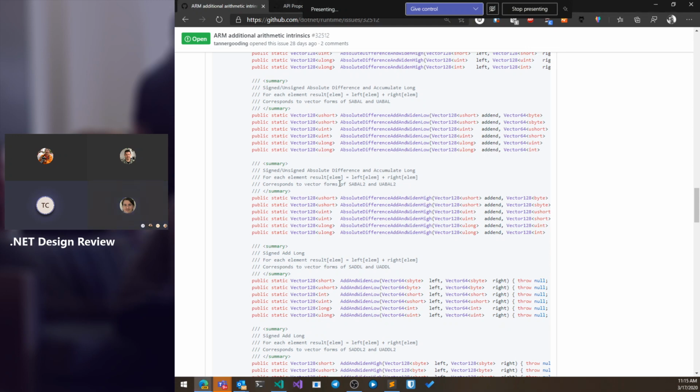Okay, so they're correct in taking vector 64 and having separate overloads that take vector 128 here. Yeah. When you say here, you mean in the other issue, though, right? What are you talking about? So which one are we talking about right now? We're talking about SABAL and SABAL 2, but it seems the first SABAL on top is a typo.